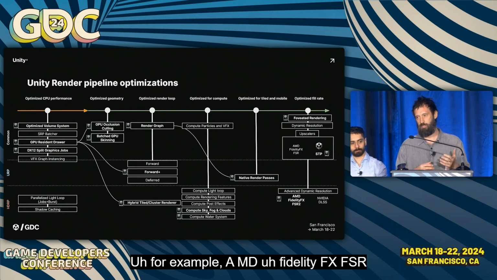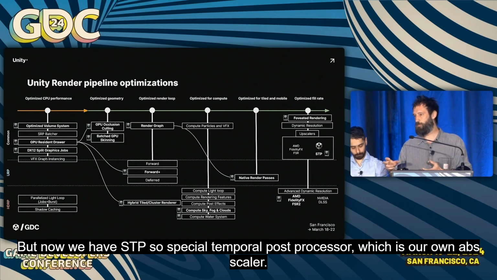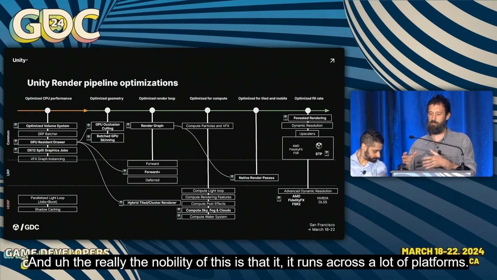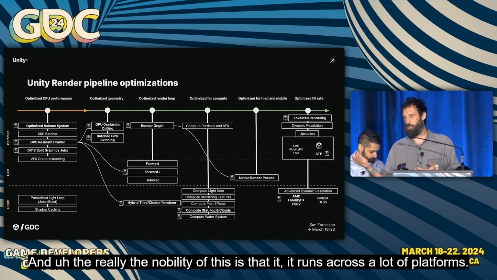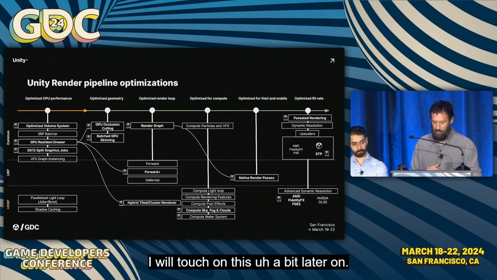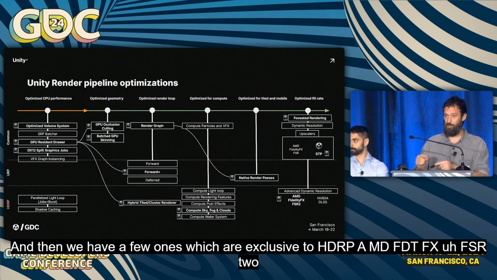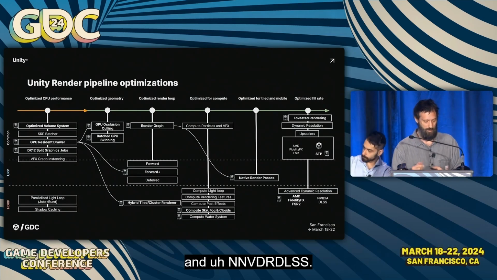For example, AMD FidelityFX FSR was already available for all pipelines. But now we have STP, Spatial-Temporal Post-Processing, which is our own upscaler. The novelty of this is that it runs across a lot of platforms. I will touch on this a bit later on. And then we have a few that are exclusive to HDRP: AMD FidelityFX FSR2 and NVIDIA DLSS.